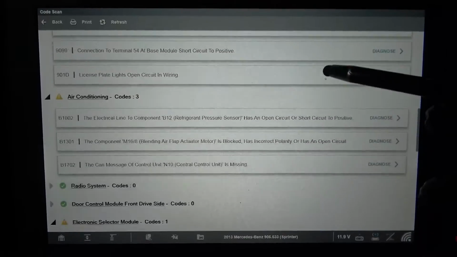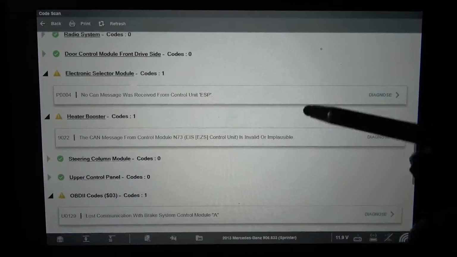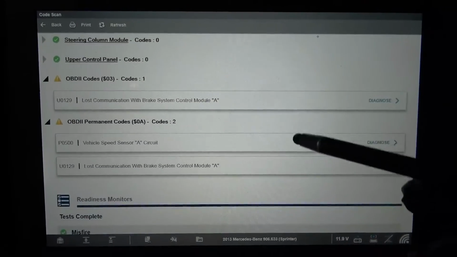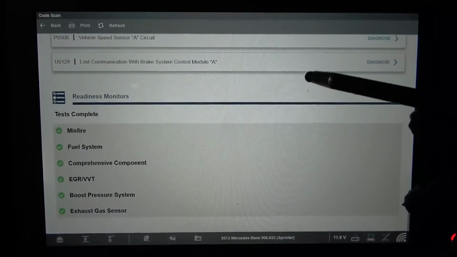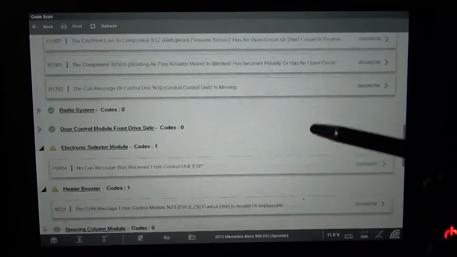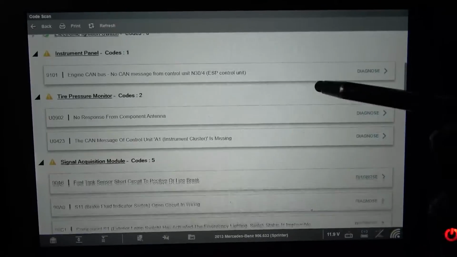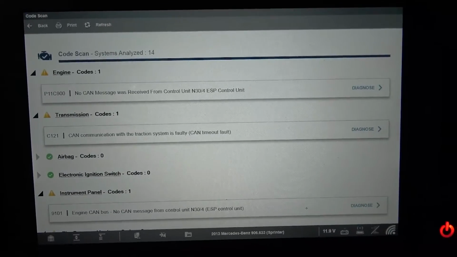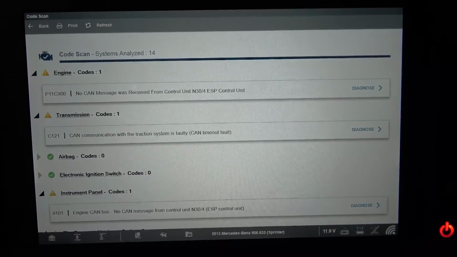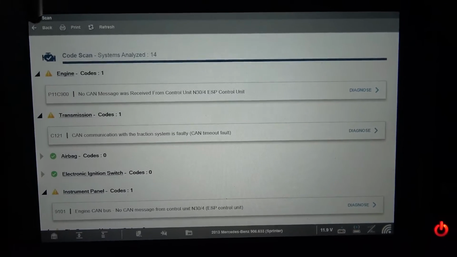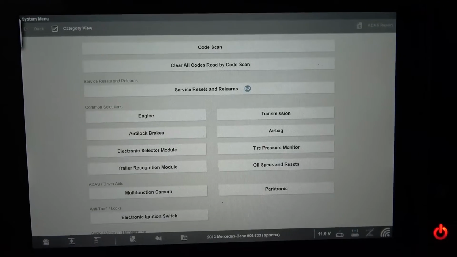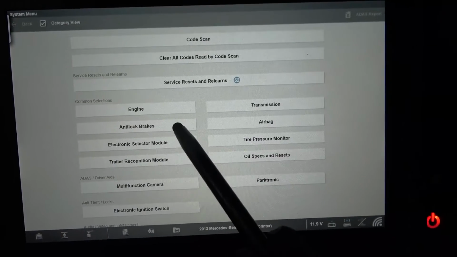Okay, so when a control unit is not listed on a list of control units, the issue can be a power or ground problem, okay, or a communication wire issue. So let's back out. So now let's try to go to the ABS control unit.